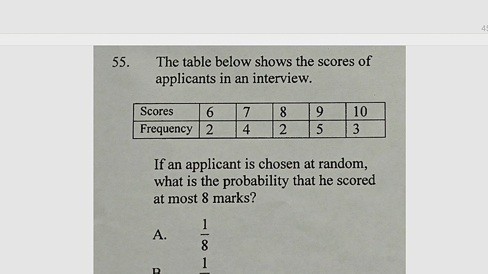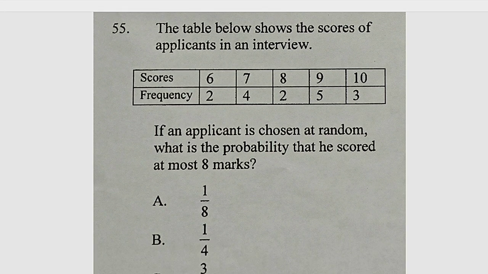So to find the probability, we need to find the number of those candidates divided by the total number of candidates. So let's find them. You can see the marks here. We need 8 to be the highest, coming down to 6. So what is the number of candidates there? We need to add 2, 4, and 2 together. 2 plus 4 is 6, 6 plus 2 is 8.